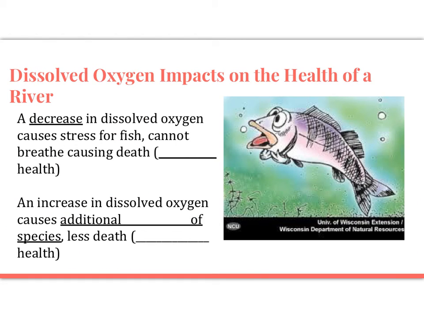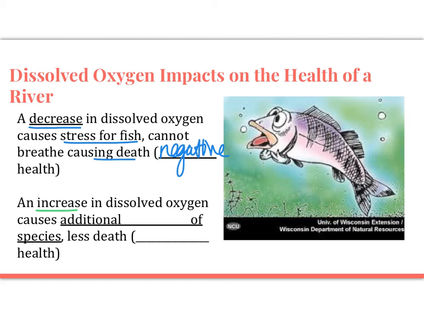Finally, like we said, we want the oxygen to be higher than normal, or on average, I guess. So when we see a decrease in dissolved oxygen, we know that causes stress for fish. They're not as healthy. It can cause their death and their reproduction levels to go down. So we know that is definitely a negative health impact if the DO drops too low.